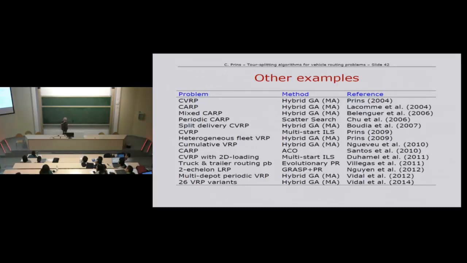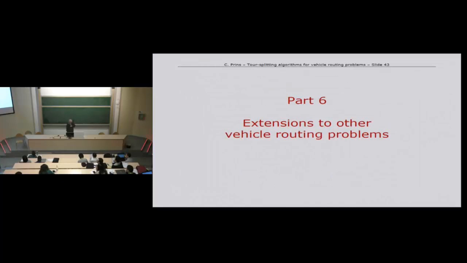But you see there are already a lot: for VRP with time windows, two-echelon location routing problem, periodic VRP, heterogeneous split VRP, split delivery VRP, and you have also arc routing problems, capacitated arc routing problem, mixed CARP, periodic CARP, and so on. So it's effective.